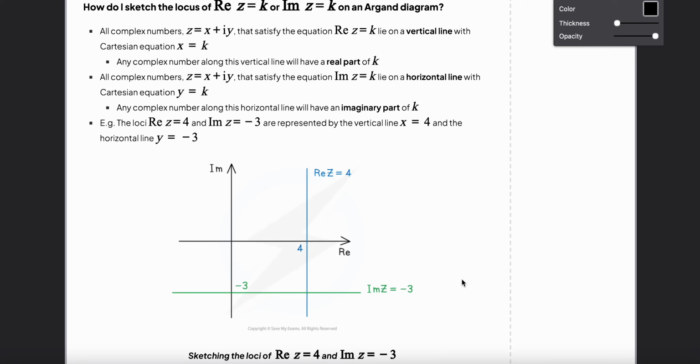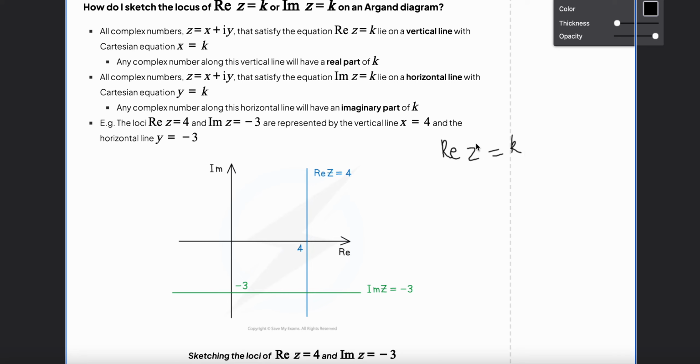Good day. In this video, we want to focus on the locus of points on an Argand diagram. The first one that we are going to look at is the locus of points of real z equal to k, right?